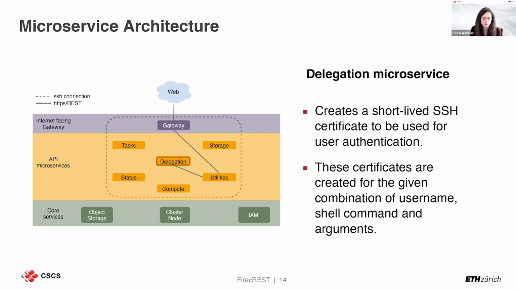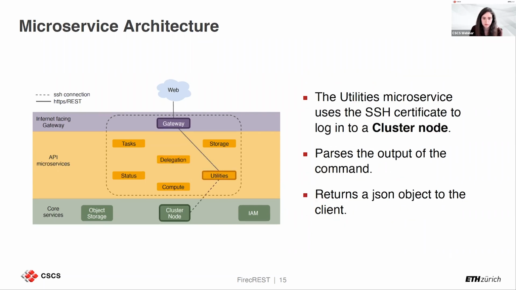We will see a bit more detail about it later, but for now, the delegation microservice is a service that will create a certificate for a given combination of username, shell command, and arguments. The username will be taken from the token, and the rest also from the request.